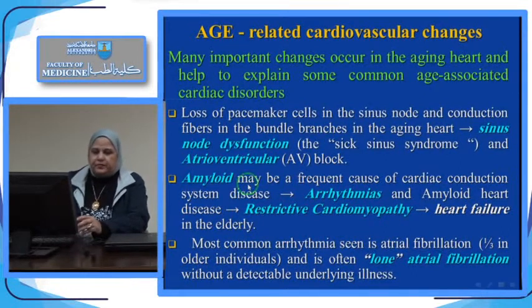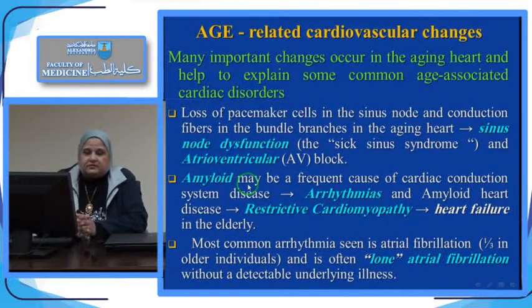Number 2, the deposition of abnormally processed amyloid in the myocardium, which is termed aging of the myocardium, as well as aging of the brain in Alzheimer's disease, deposition of abnormally processed amyloid in the brain cells.